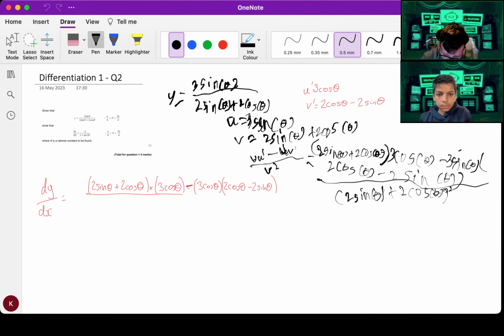Just so we can get it all in one bit of working, and you're dividing by v squared, which you've done correctly: 2 sine theta plus 2 cos theta, all squared.